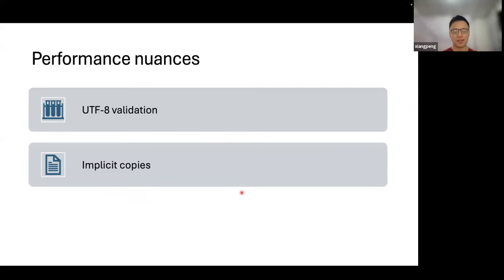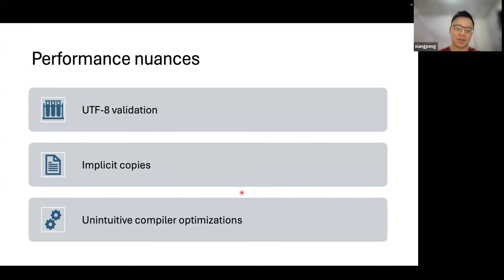And implicit copy basically says everything we do here is to avoid the string copy, but many times there are implicit copies we are not aware of, so we have to diagnose and chase every copy and every memory location to make sure that those are necessary. Unintuitive compiler optimization is the same basic thing.